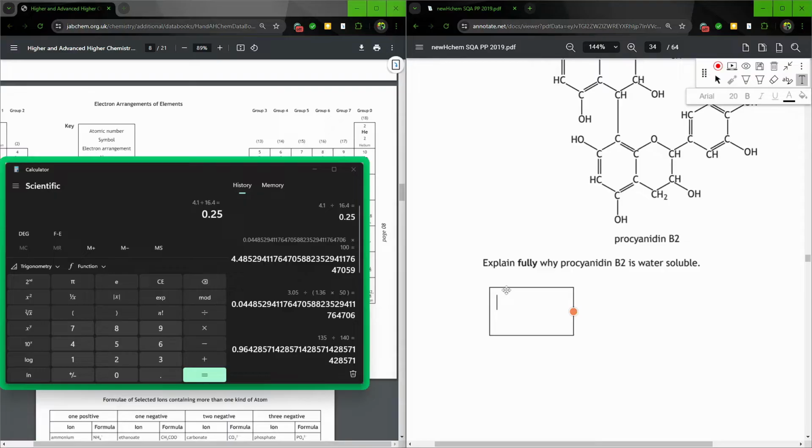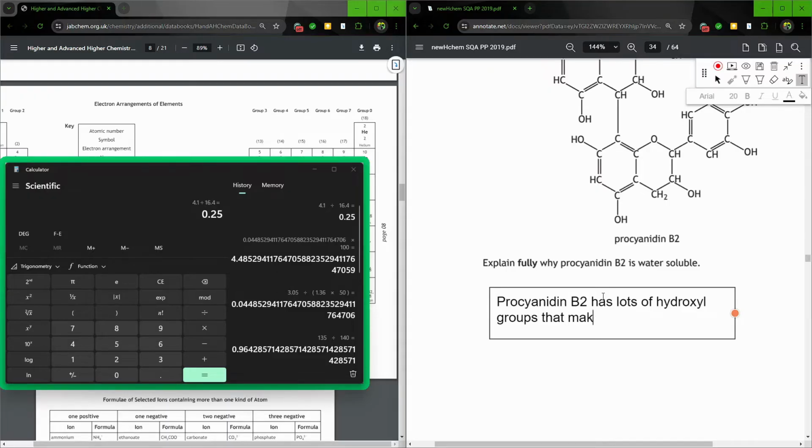So that's exactly what we're going to write. Procyanidin B2 has lots of hydroxyl groups that make the molecule polar and able to form hydrogen bonds.